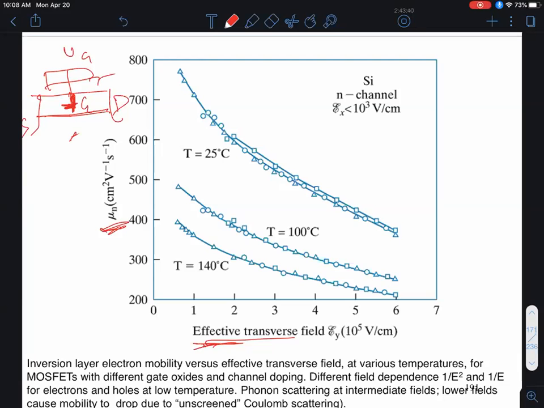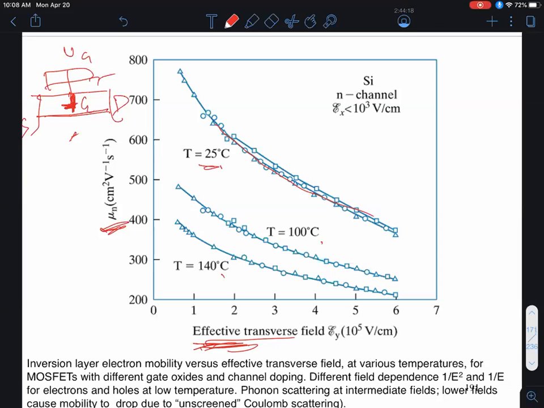But if you replot the data as a function of this average electric field, and I'll have the expression for that in the next slide, all the mobility data, say at room temperature, lie on a single universal curve. And when people made that observation, I mean, that was earth-shattering, right? I mean, because, you know, one would think that why the heck would transistors made by different processes, different companies, different oxide thickness, doping, have this universal mobility dependence, right? But they do if you plot it as a function of this effective transverse field. The only dependency is now on temperature.